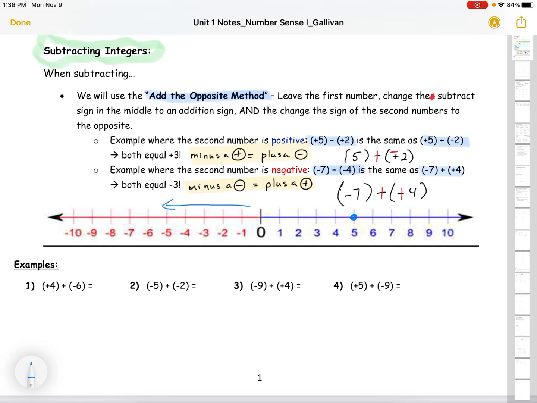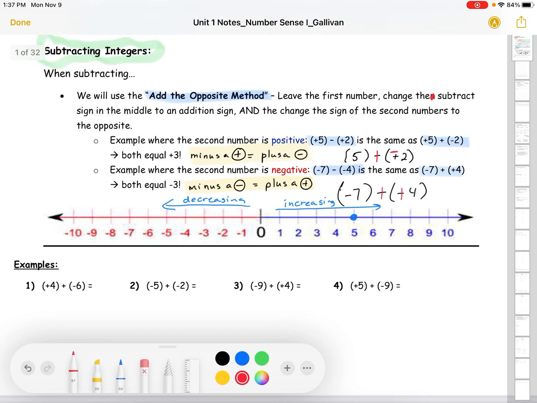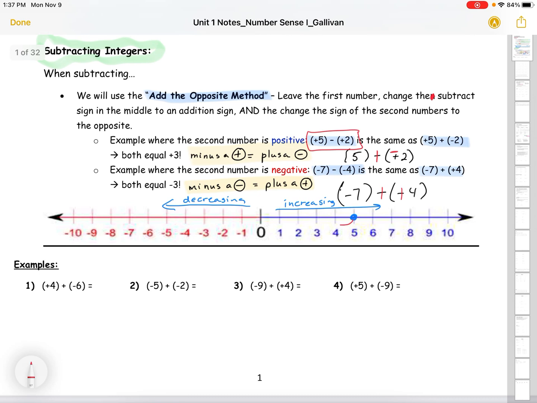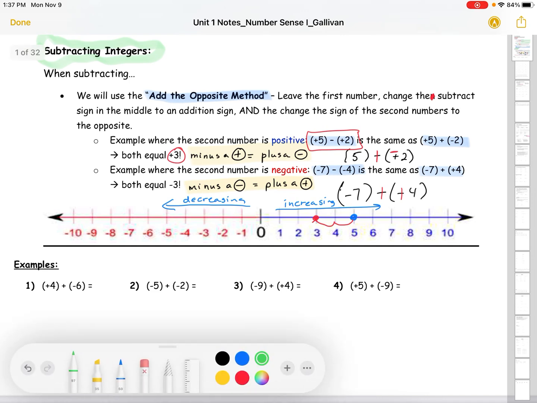We just have to think that this is decreasing and this is increasing. If you are minusing a positive, you're going to be decreasing, so this plus 5 minus a plus 2, we'd be going down to 2, and we would get plus 3.